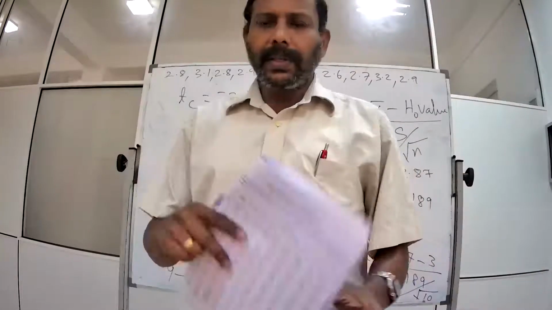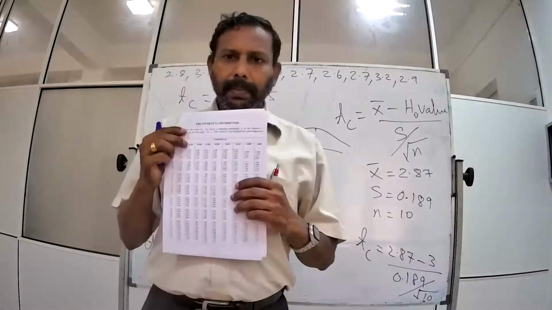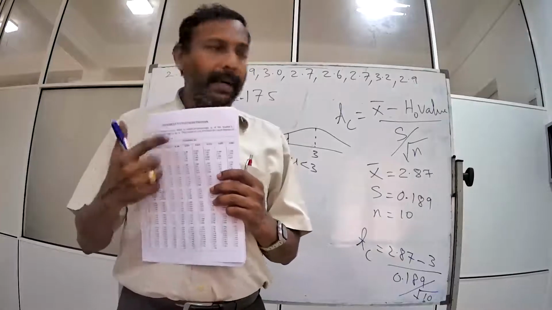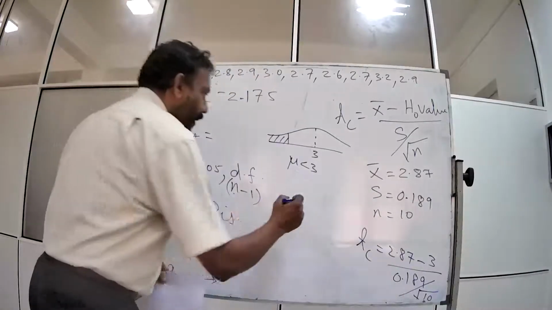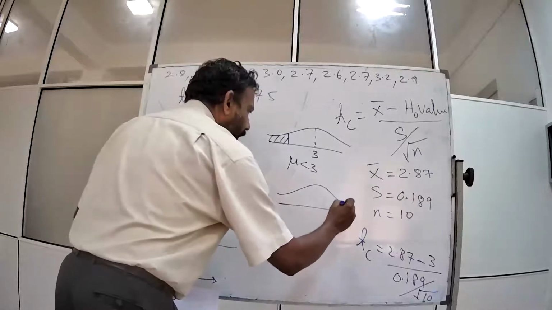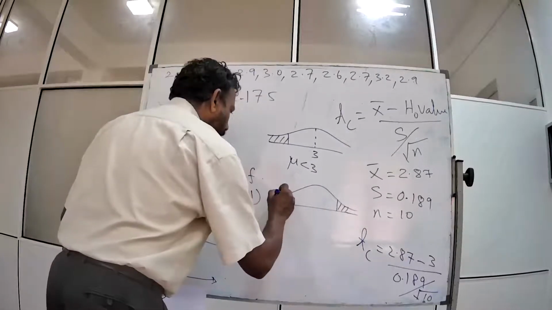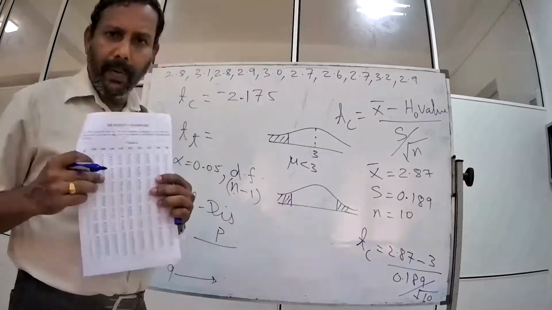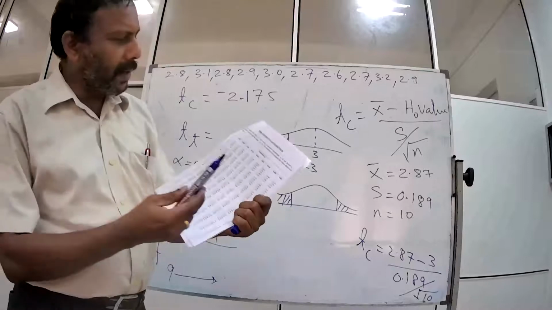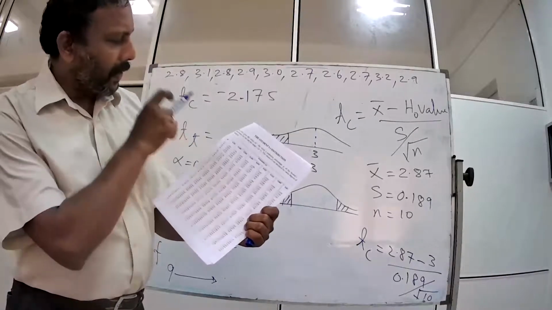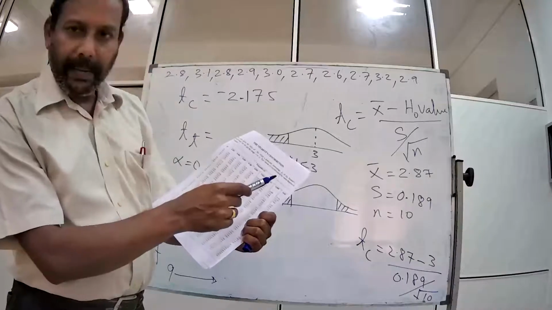So how to look at the table value? The particular table which you have already is a table giving the T value for the two-tailed situation. That is why it is given there.